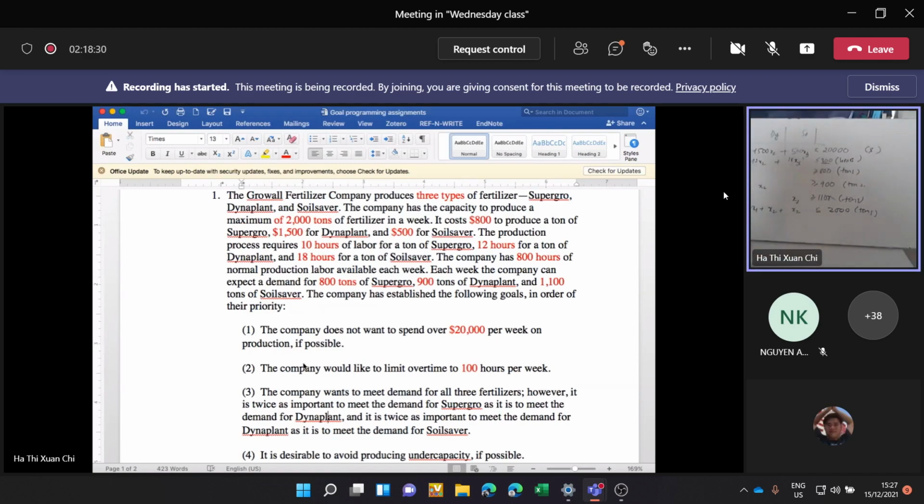So for goal one, everyone, the company doesn't want to spend over, so here it should be plus D equal to 1,000, right? So which one should we minimize? The cost.